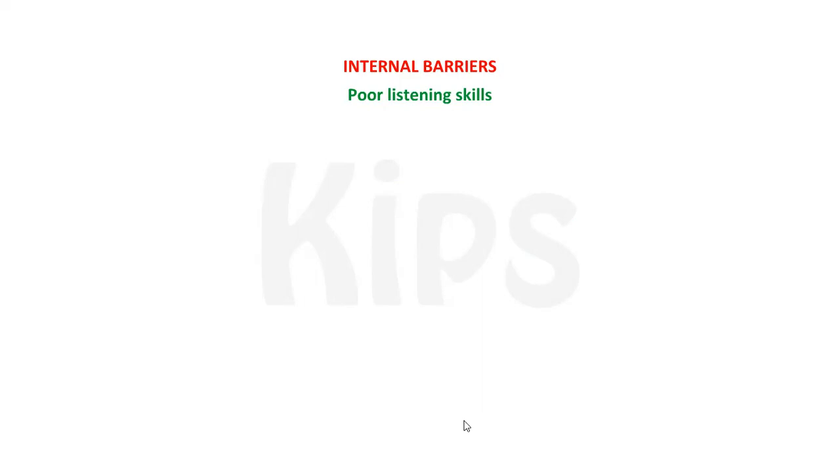In that case, the communication will not be fruitful; it will be unsuccessful, and the sender will be unable to deliver the communication properly. This is also an internal barrier, and it may result in a lack of attention to what the sender is stating.